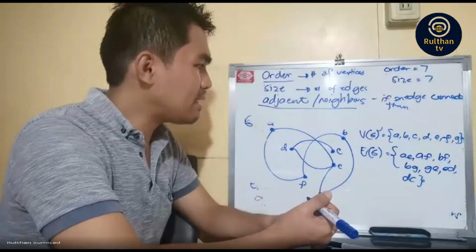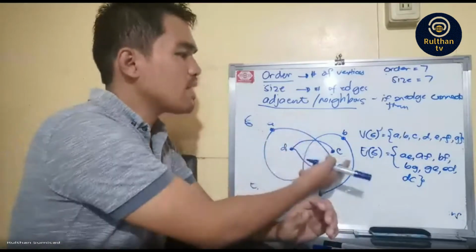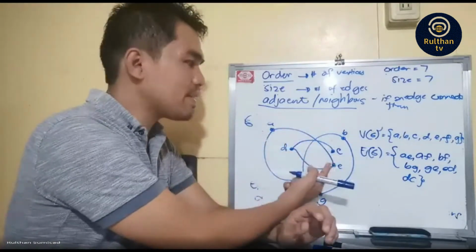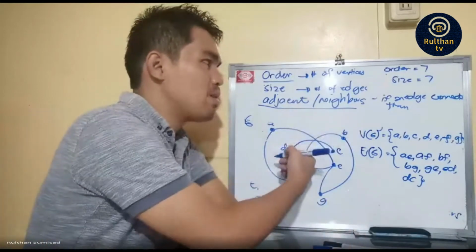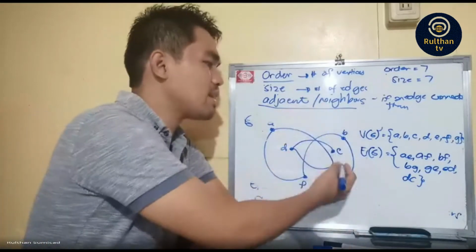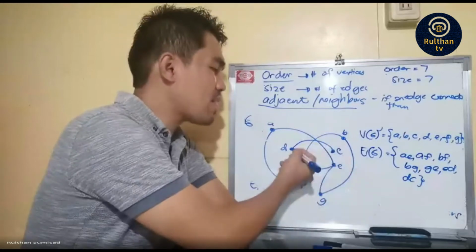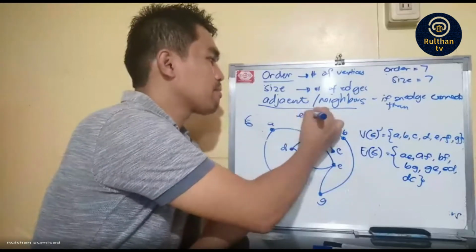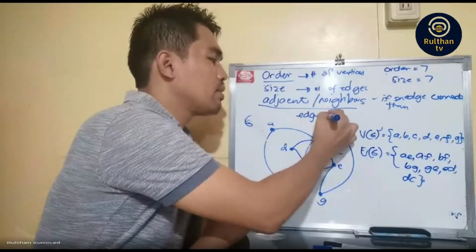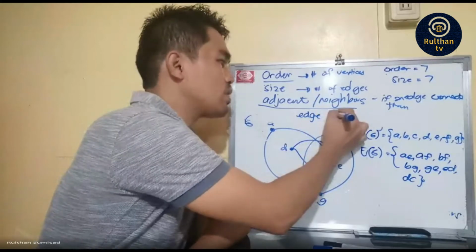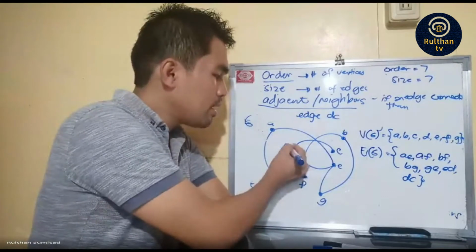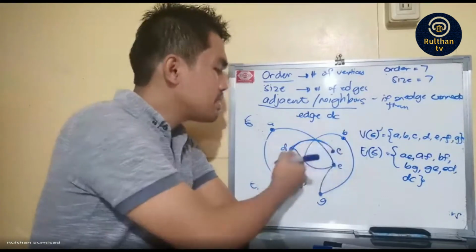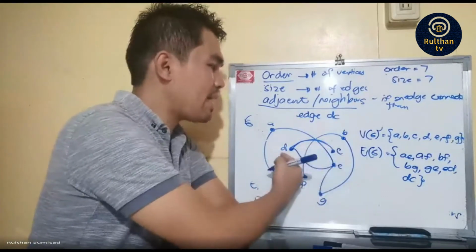We have the edge DC. So D and C here are adjacent vertices because there is an edge connecting them. What makes D and C neighbors is the edge DC.